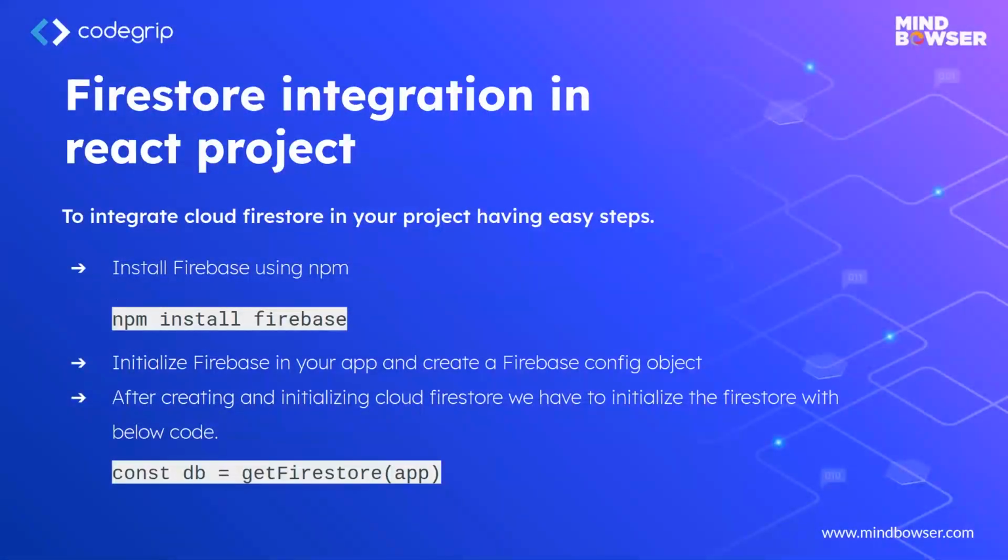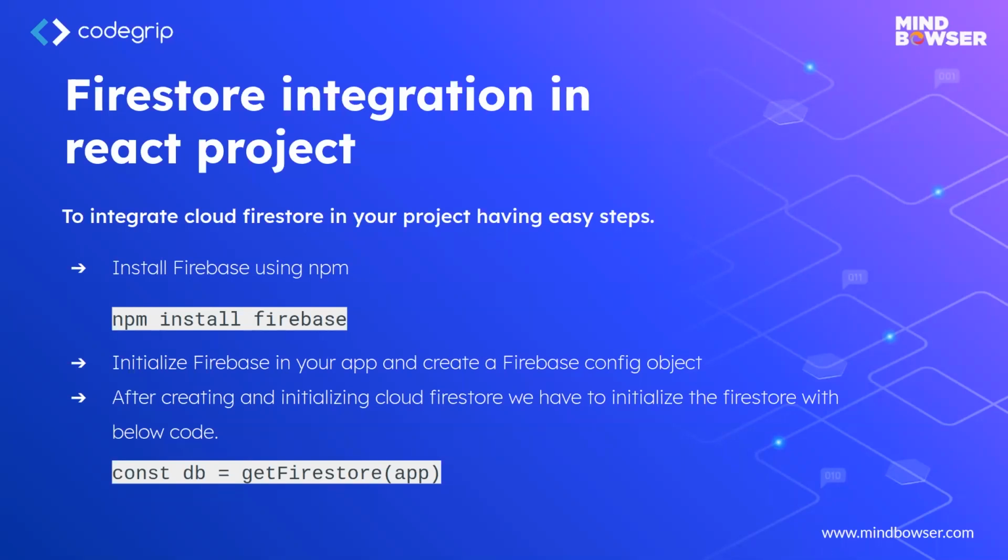So next will be how we implemented Firestore with React. To integrate Firebase with React, first we have to install the Firebase JavaScript library through npm with the following code: npm install firebase. Then initialize Firebase in your React app and create the Firebase config object.